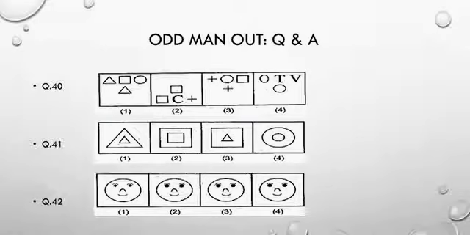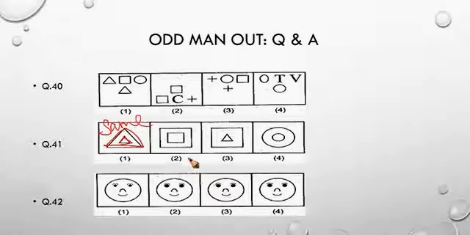Let's go to question number 41. In question number 41, we find that there are four options given. In the first option, there is one triangle inside which there is another triangle. So these two designs, which are outer design and inner design, both are same or both are similar.